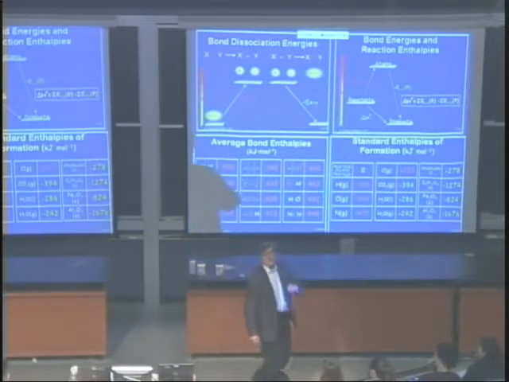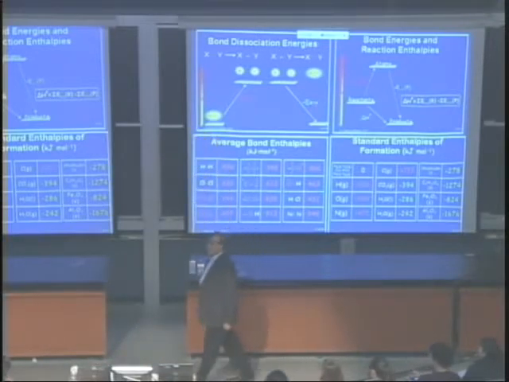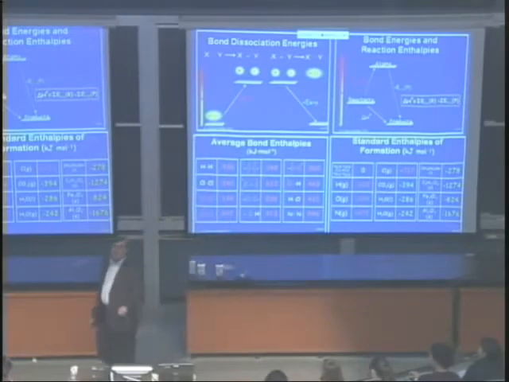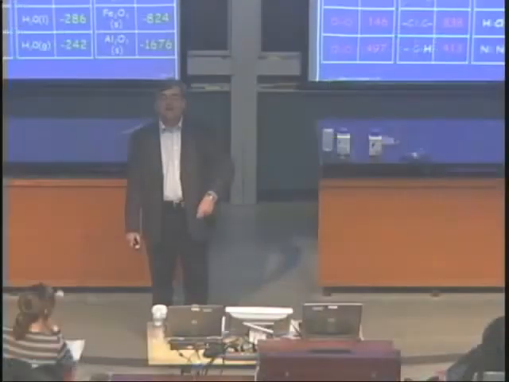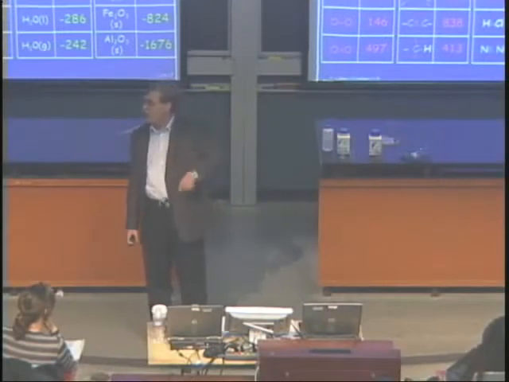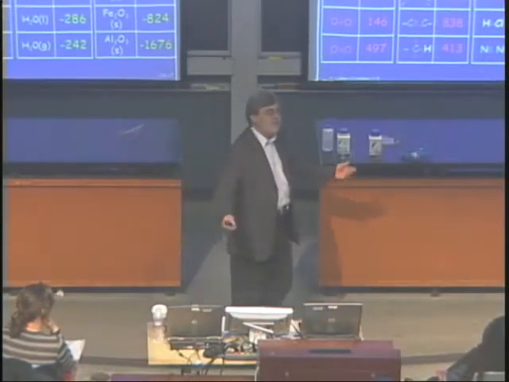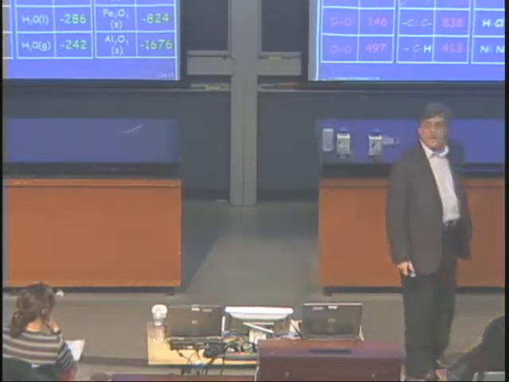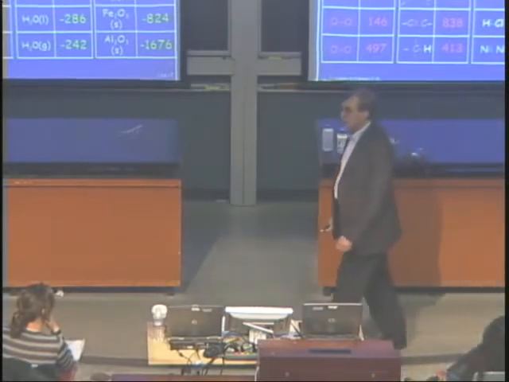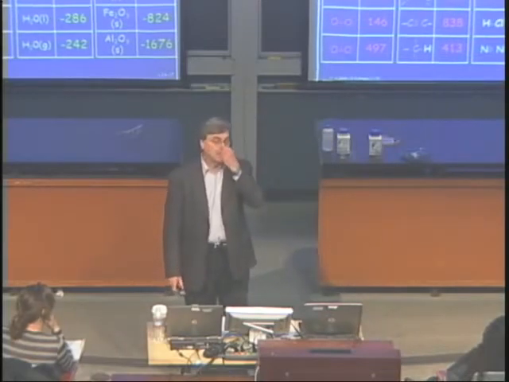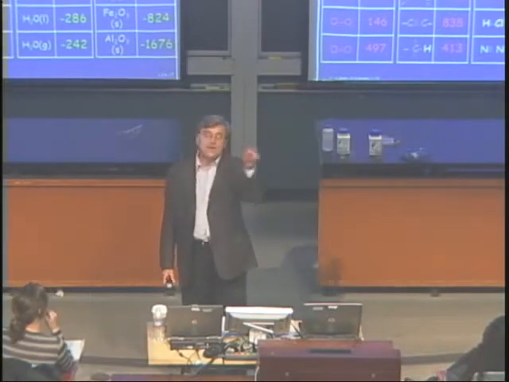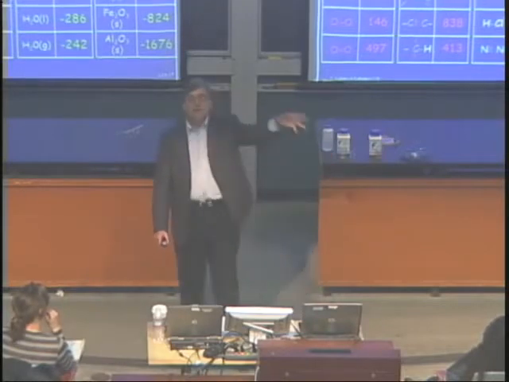In order to calculate the energy change of that reaction, you would need all these enthalpies of formation for all these different compounds, and this is impossible because there are so many compounds that you cannot measure and tabulate them.